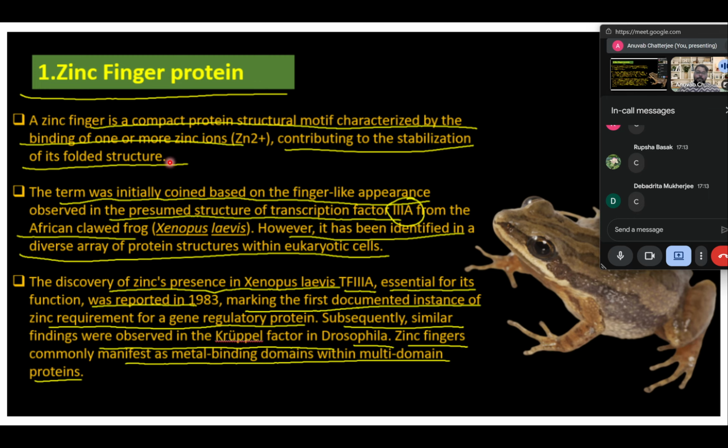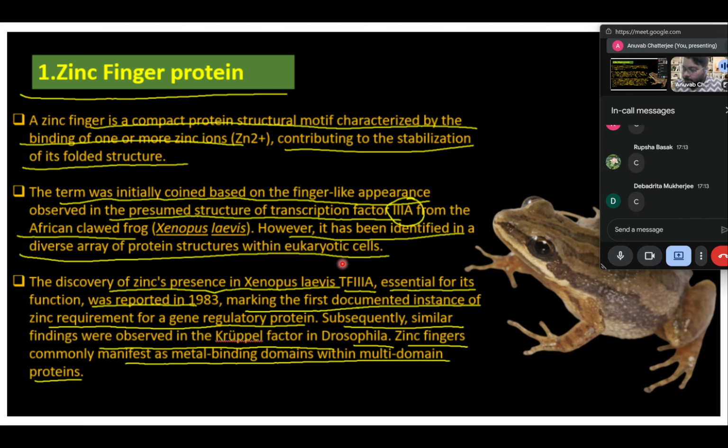So these are parts of the protein that can bind to zinc and help in stabilizing the entire protein. The term was initially coined based on the finger-like appearance observed in the presumed structure of transcription factor 3A from the African clawed frog. However, it has been identified in a diverse array of protein structures within the eukaryotic cell. So it is a motif rather than a protein itself.